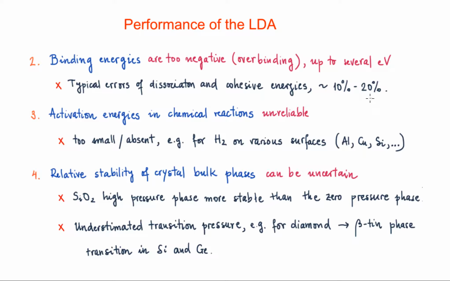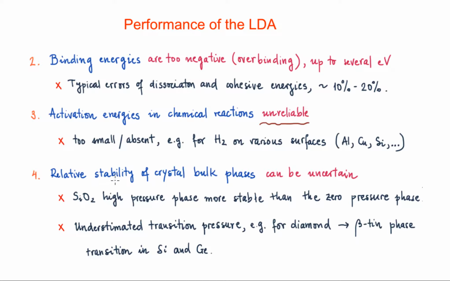So it's not good enough to describe binding energies, like cohesive energies or dissociation of molecules. And related to that, the activation energies in chemical reactions are unreliable. They are usually too small or even absent. That's what happens, for example, for hydrogen on various surfaces like aluminum, copper, or silicon.